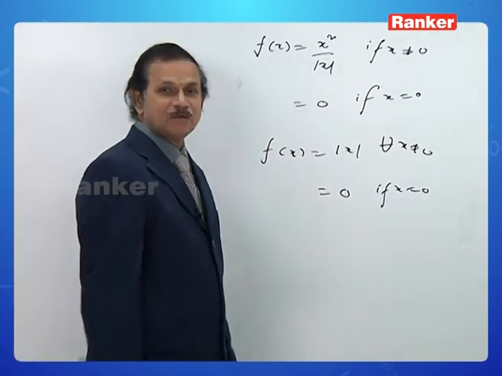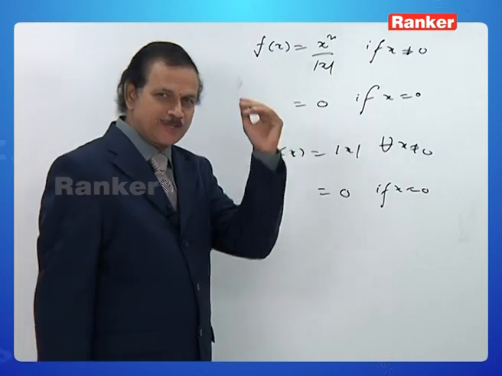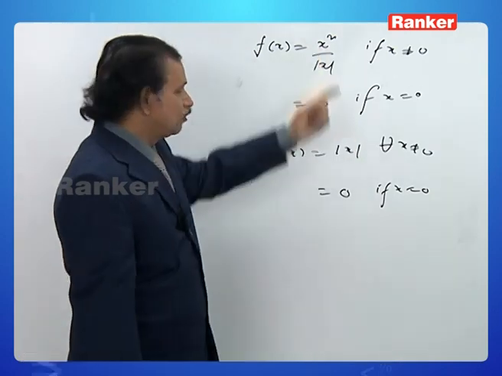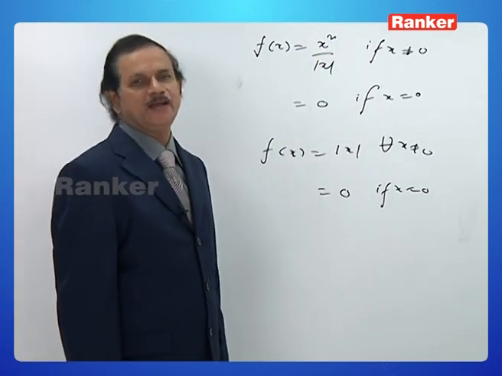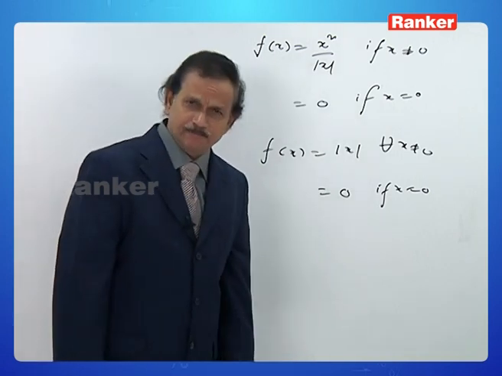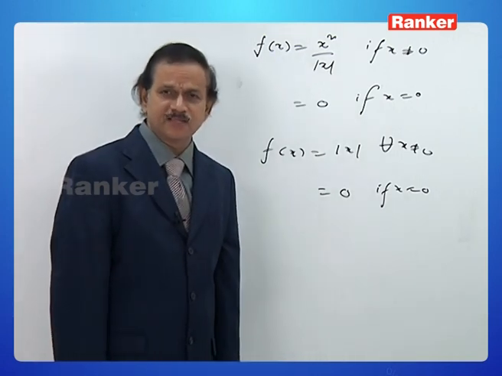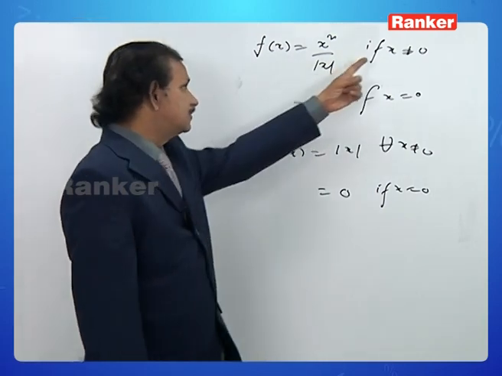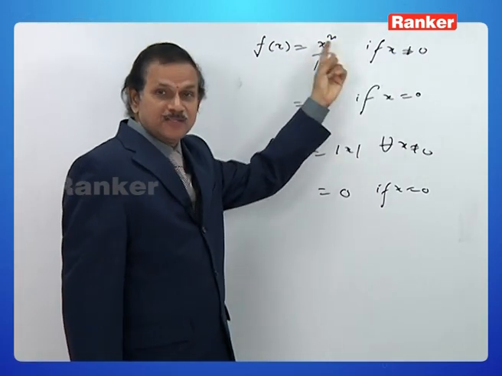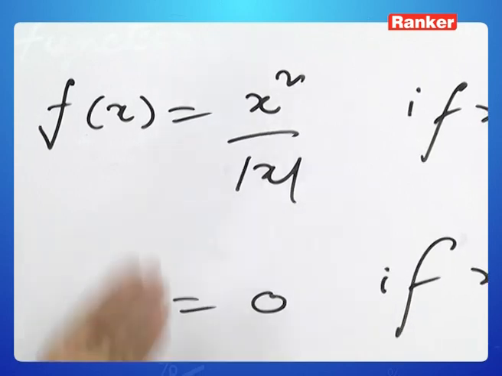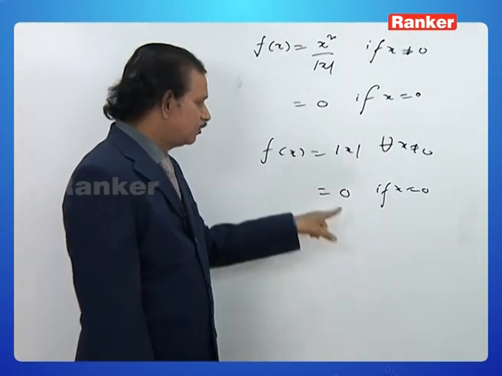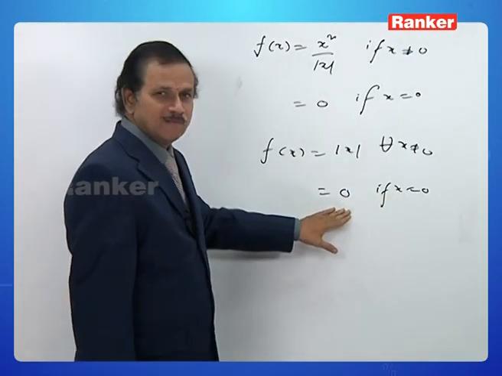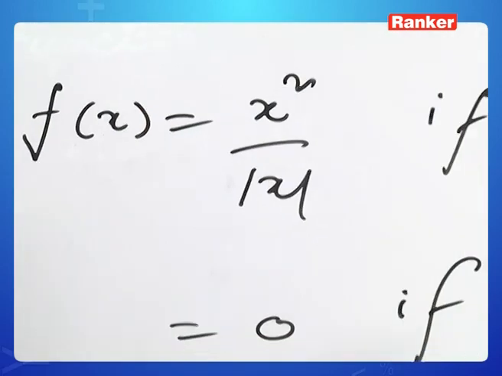Therefore, what makes this function continuous? The numerator contains x square, which is nothing but mod x whole square. So mod x whole square by mod x is again mod x. As x is not equal to 0, only for that is this definition valid. Actually speaking, you need not specially mention this, because even if x equal to 0, this is 0.